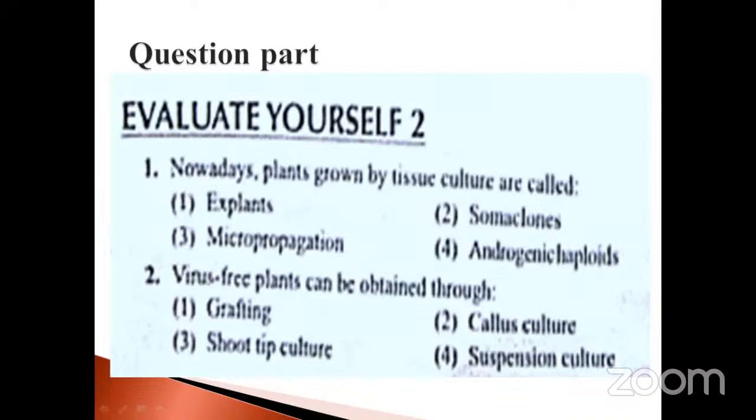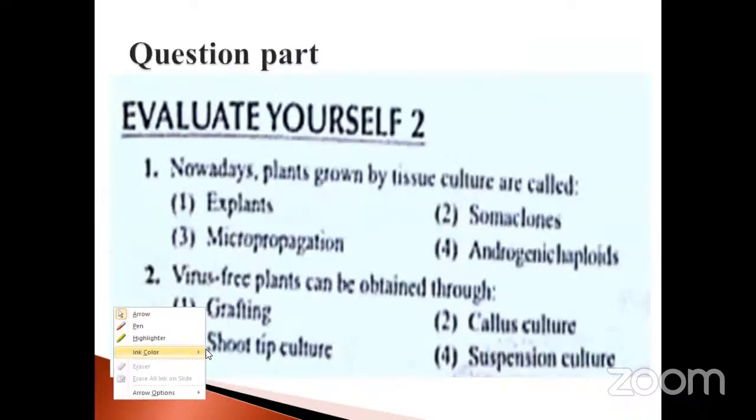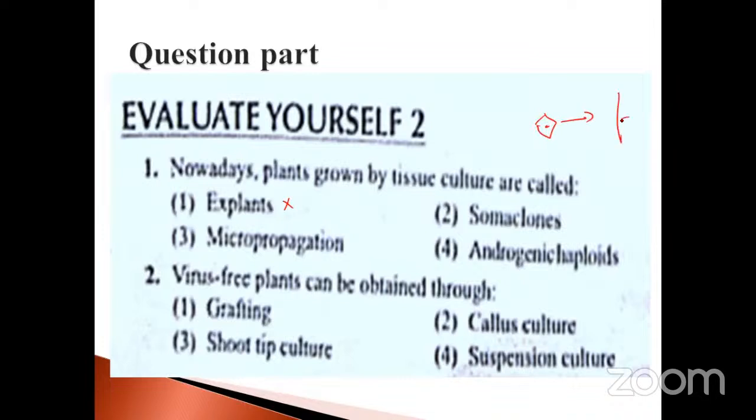Explant, it will not come. Don't forget. And somaclonal means, in tissue culture, a somatic cell divides and gives entire plants. So this is the correct one. Micropropagation, it is not a micropropagation, tissue culture. And androgenic haploid, it is not an androgen, anther.